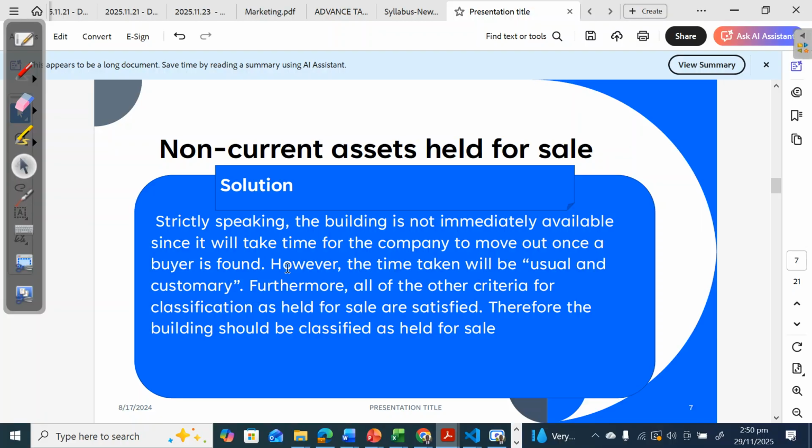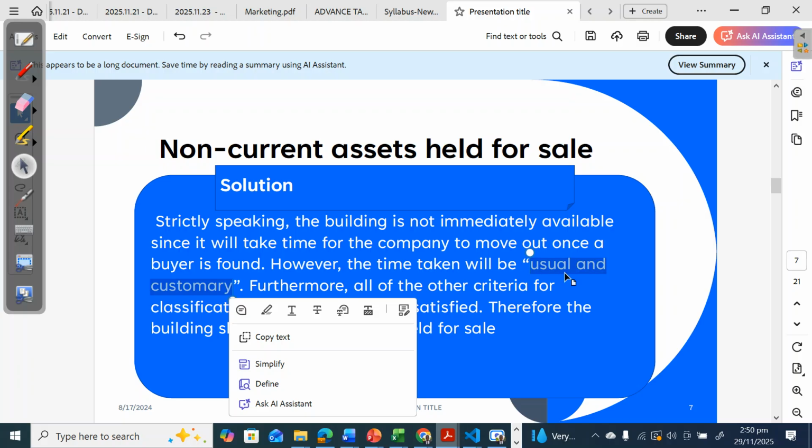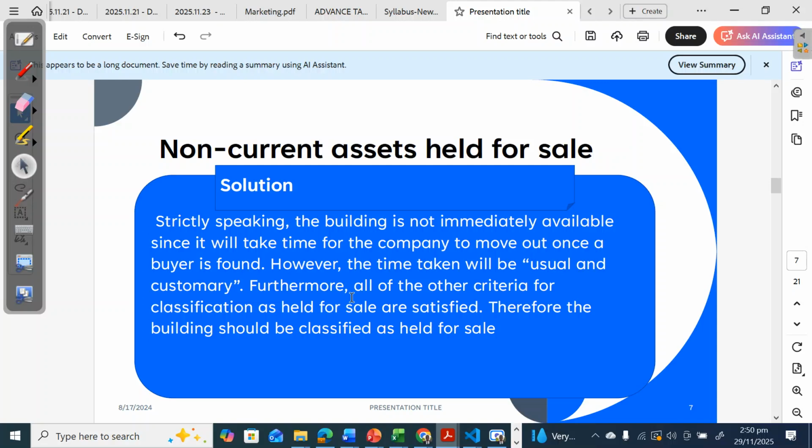Well, that is correct. But let's continue. However, the time taken will be usual and customary. So this is what is making the difference. Furthermore, all of the other criteria for classification as held for sale are satisfied. Therefore, the building should be classified as held for sale. So that is the dynamics.